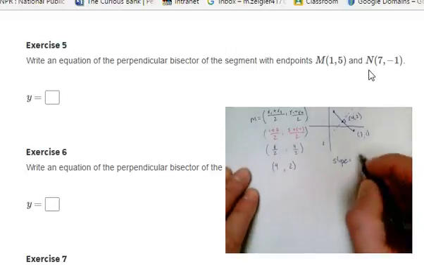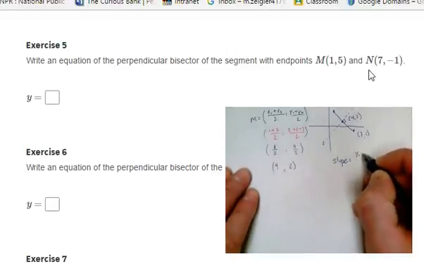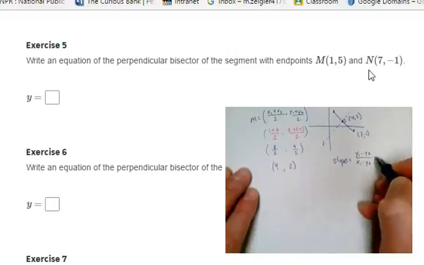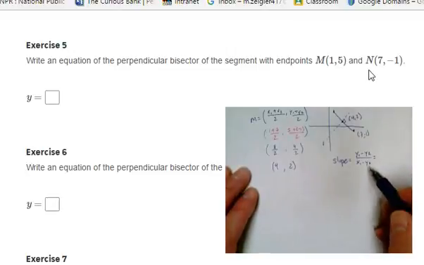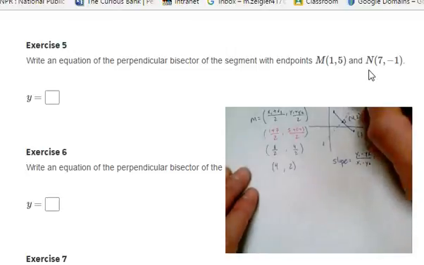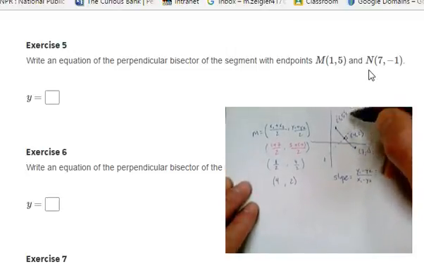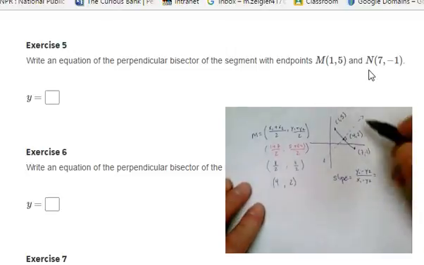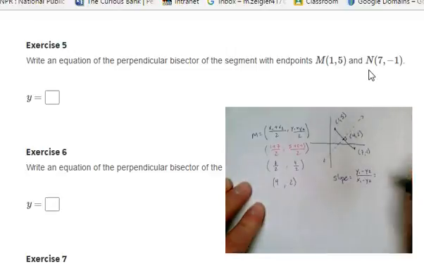Our slope is y sub 1 minus y sub 2 over x sub 1 minus x sub 2. And remember, it doesn't matter what you pick for point 1 and point 2, as long as you're picking the same point for each. So I'm going to pick this point up here to be point 1, and this one down here point 2.